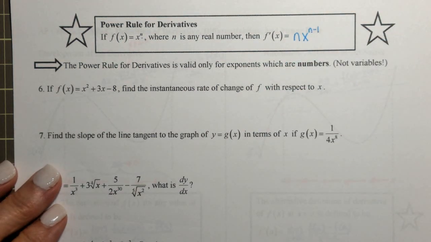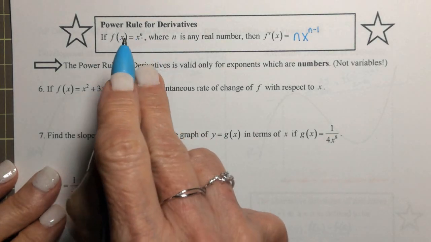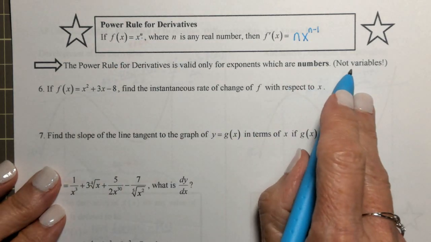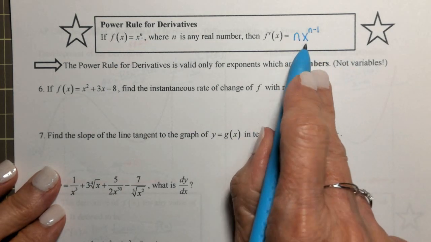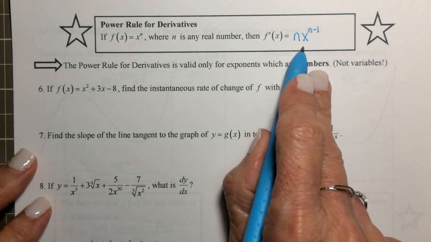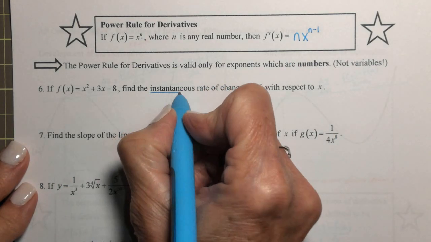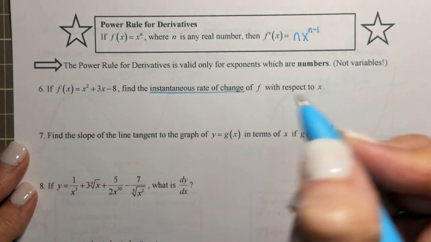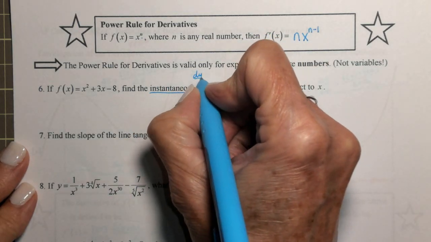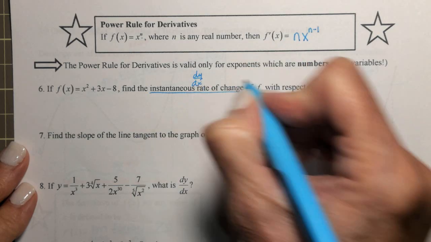They found that to be the pattern. Okay? You can only use it if your exponent is a number. If your exponent is a variable, this does not work. Okay? Alright, so let's find the instantaneous rate of change of f. That's your derivative, itty bitty y over itty bitty x.